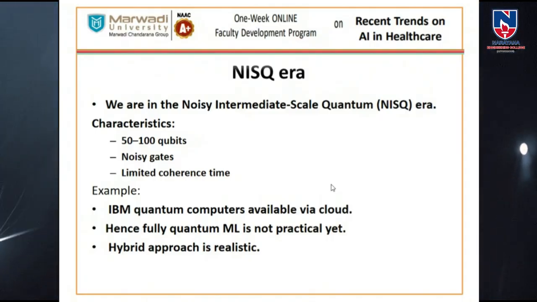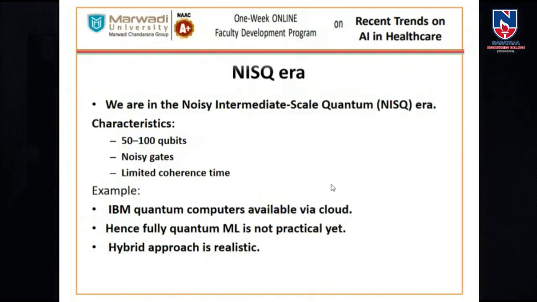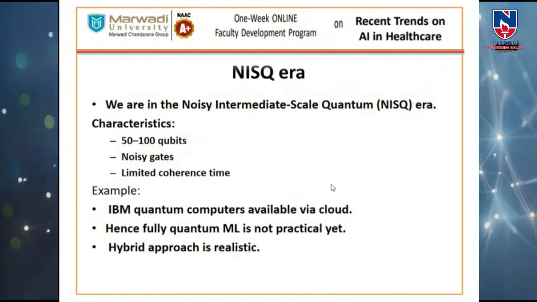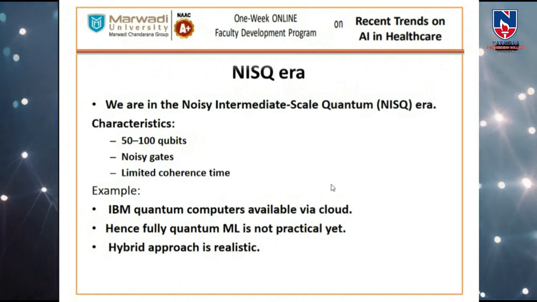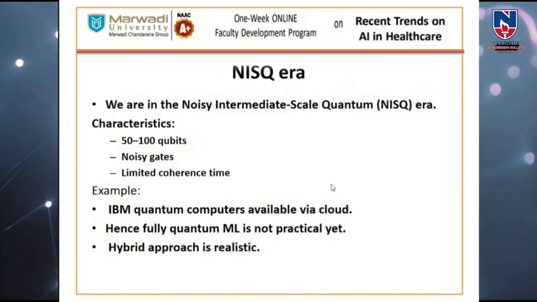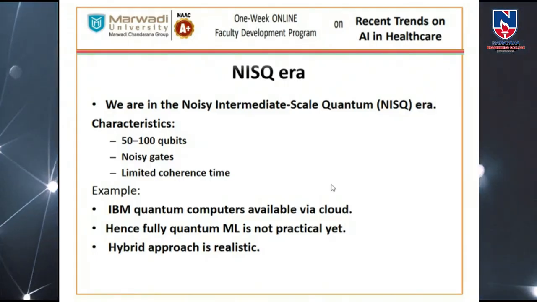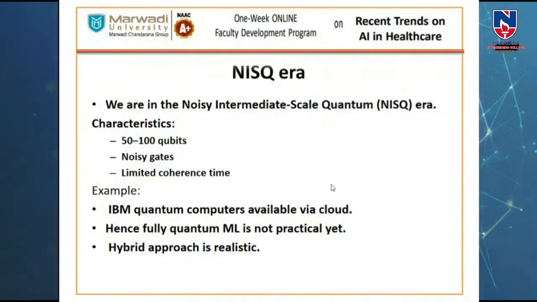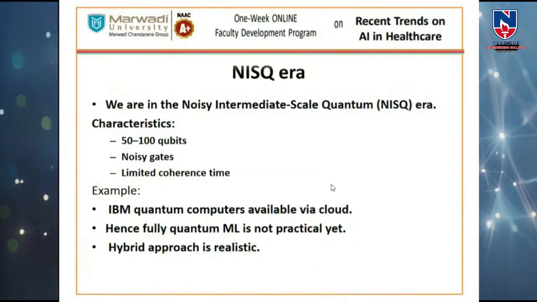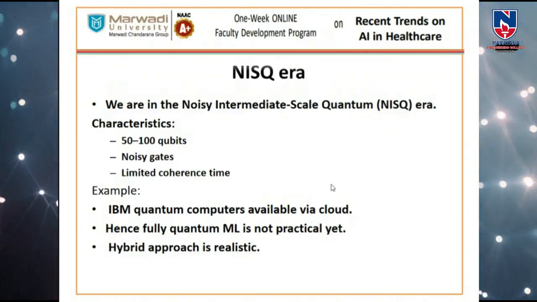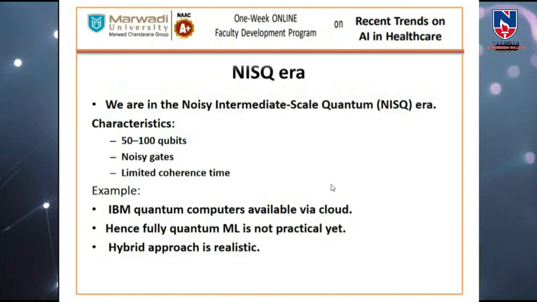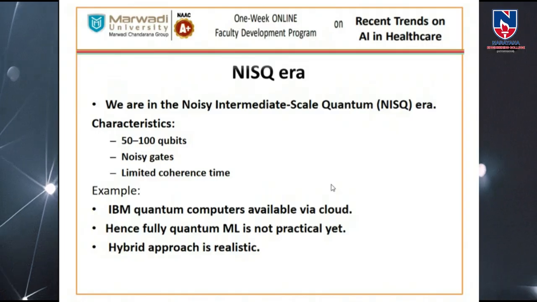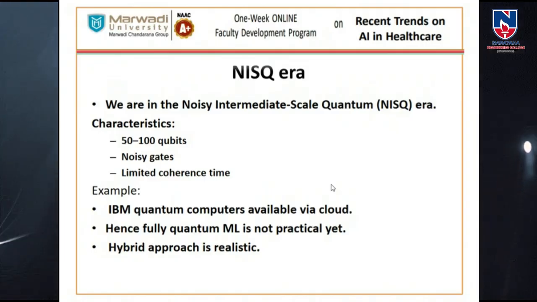As a practical example, IBM cloud-accessible quantum computers allow experimentation for research, but they clearly reflect the hardware constraints. Because of these limitations, a full quantum machine learning pipeline, for example for high-dimensional imaging, is not at all feasible. Therefore, we are looking for a hybrid approach.